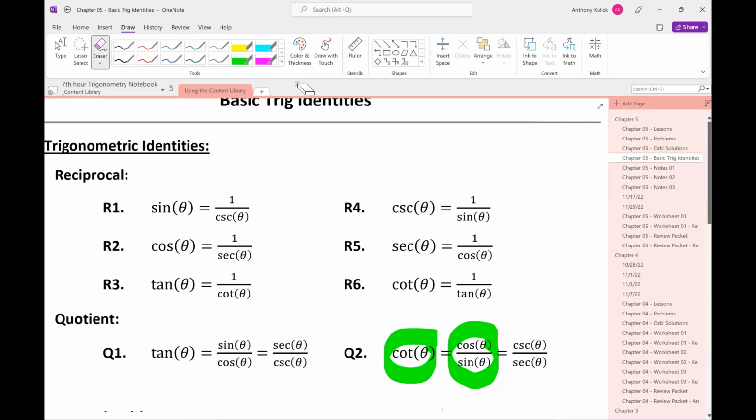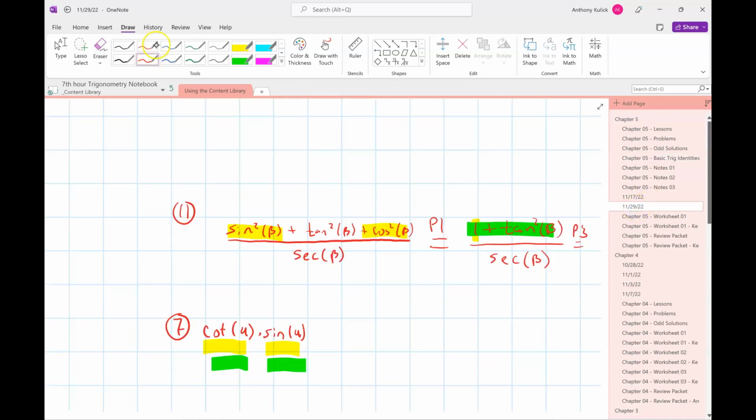That looks good to me. Let's use that one. So all I did is I took cotangent and turned it into cosine over sine.